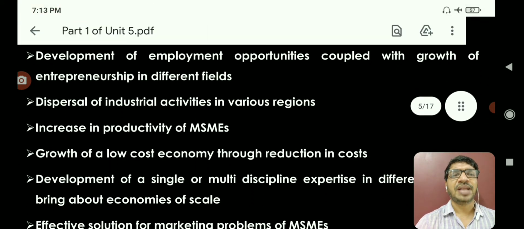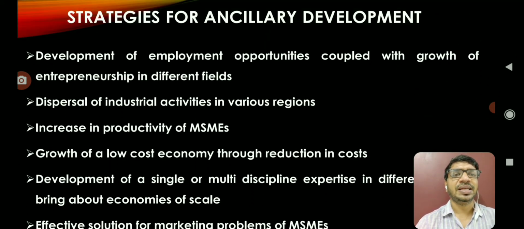What are the strategies for ancillary industrial development? Why does the ancillary industry play a very important role in MSMEs, micro, small and medium enterprises? When we look at these points, we will have a clear idea why ancillary industries are required hugely in the MSME sector.